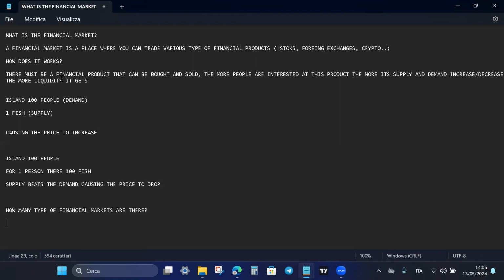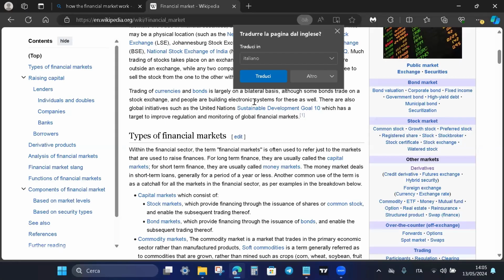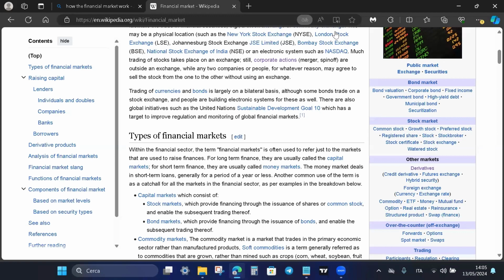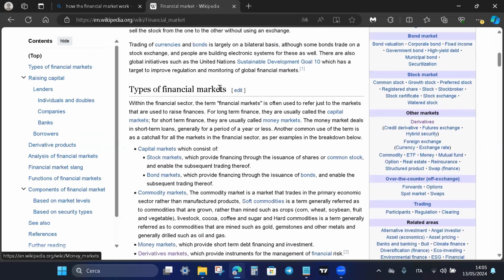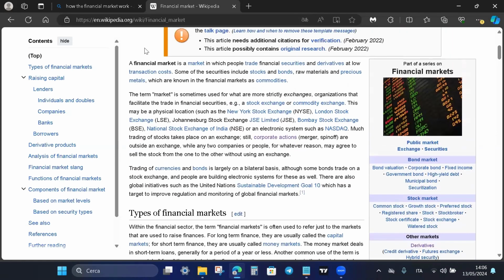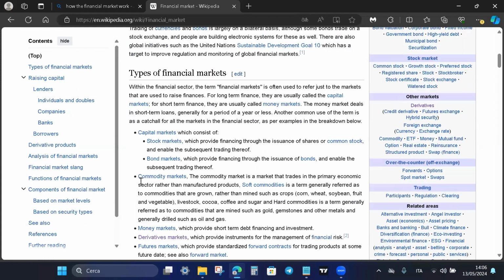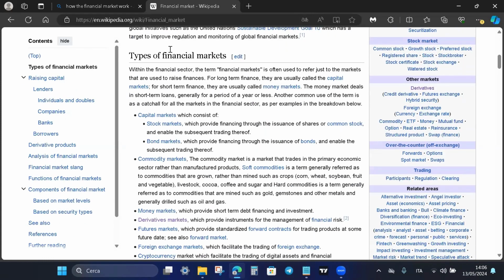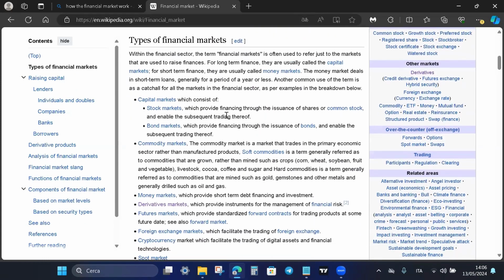Okay, now we know what is the market, what is the financial market, how it works. Now we're gonna take a look at how many types of financial markets there are, so you can identify which one is the best for you. So always do your own research. That's super important. So, types of financial markets.